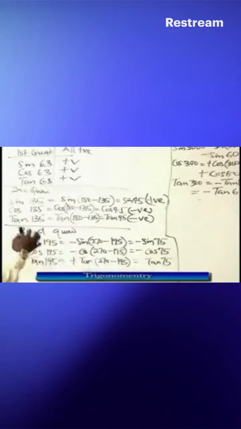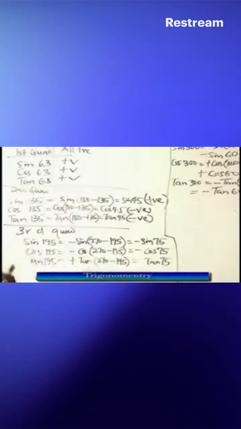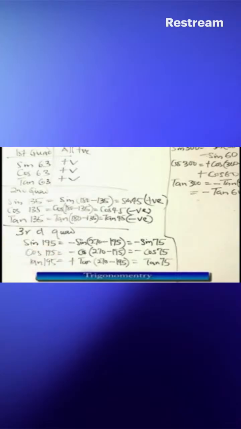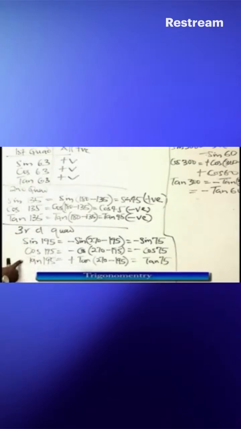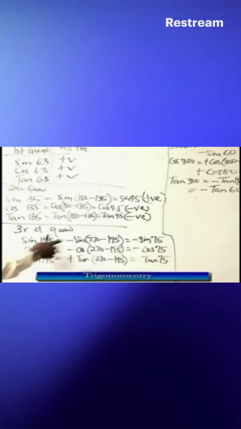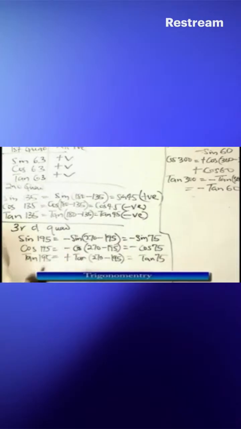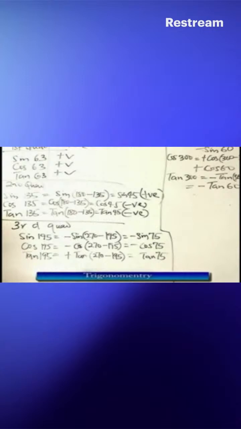Third quadrant are angles that are over 180 but less than 270, between 180 and 270. Again, we have chosen 195. And in the third quadrant, only tan is positive. The way to go about it is to subtract the angle you have been given, which could be 230, which could be 220, from 270.